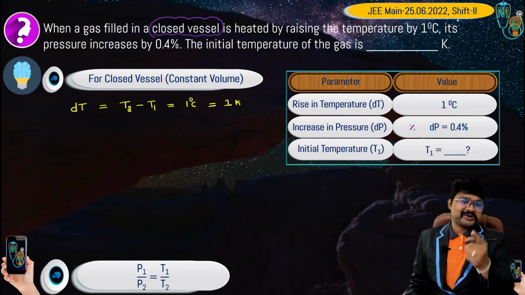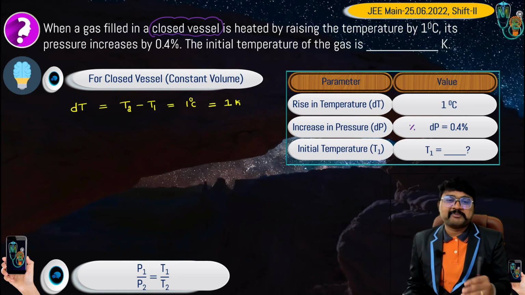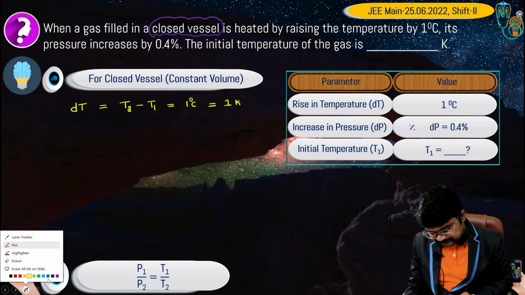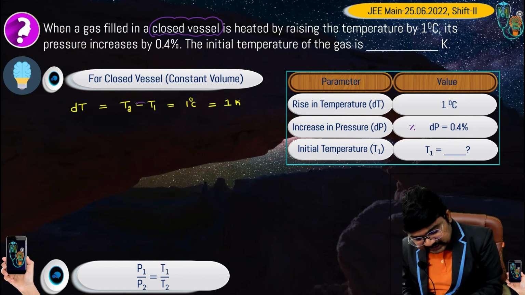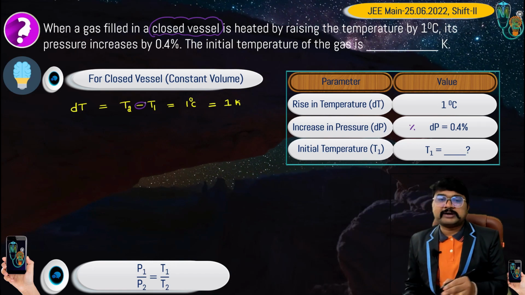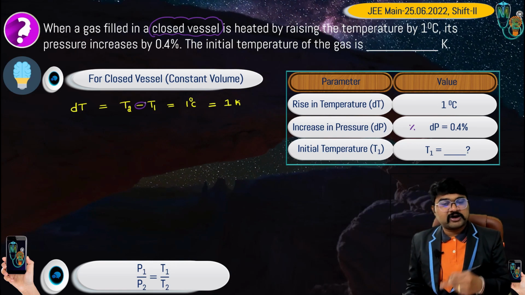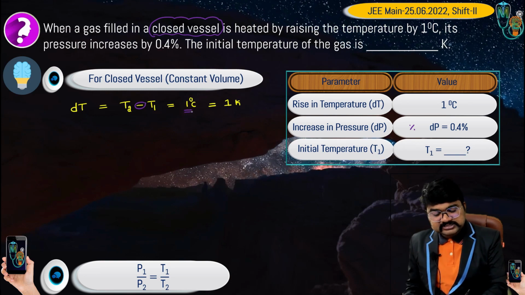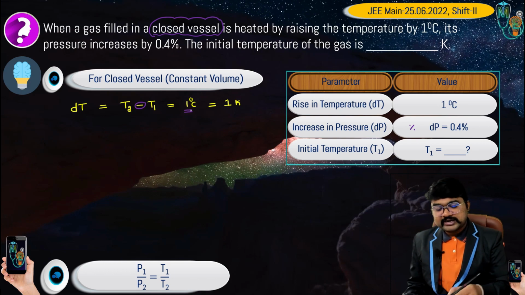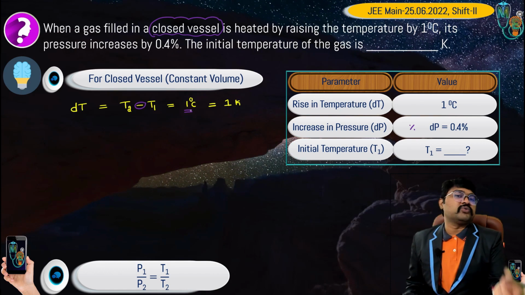You should not add 273 because it's a temperature difference. Even if these two temperatures are in degree centigrade or Kelvin, you will get the same answer. A temperature difference of 1 degree centigrade equals 1 Kelvin.